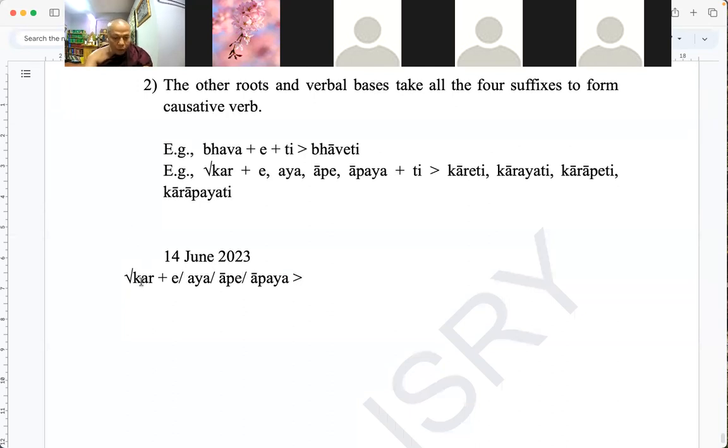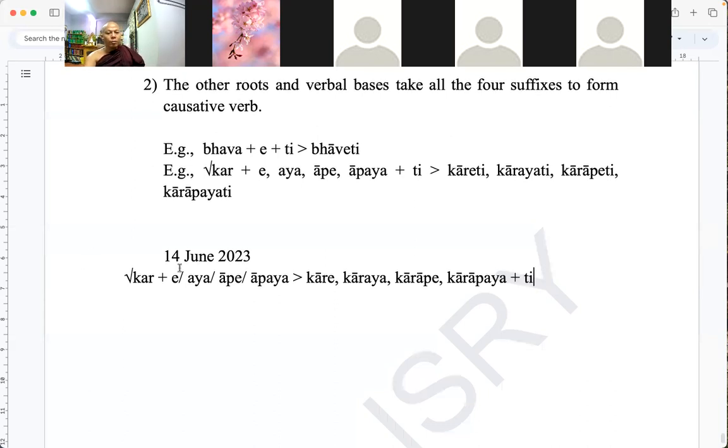So here also, root vowel, where we change: kare, and then karaya, and then karabe, and then karabaya. Okay, in this way. After that, by adding the ti, in this way we perform.